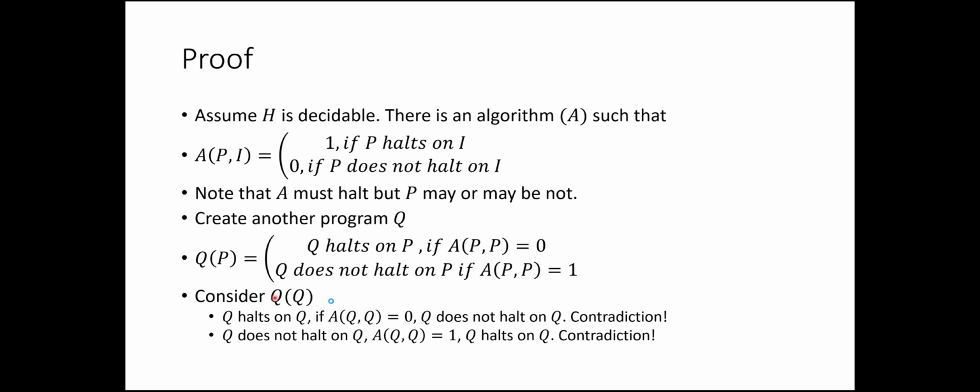The other case is that Q does not halt on Q. Then A(Q,Q) must be equal to 1, and that means Q halts on Q. But you said Q does not halt on Q, and also Q halts on Q. That's another contradiction. So either case is a contradiction.